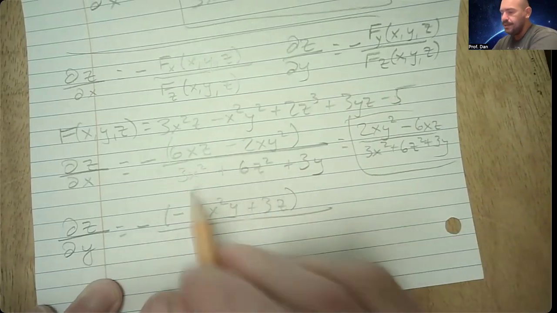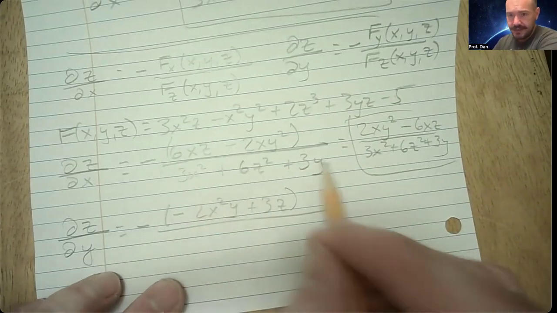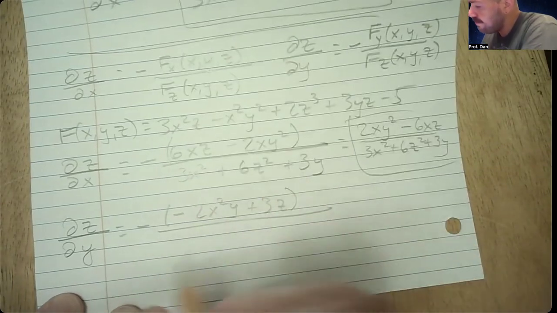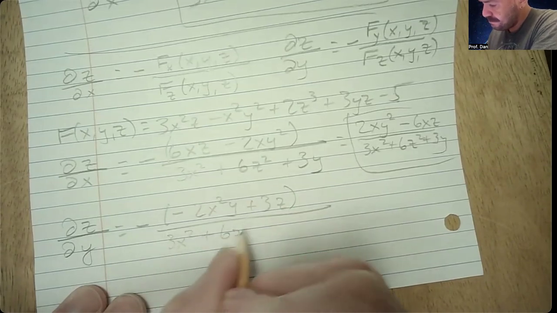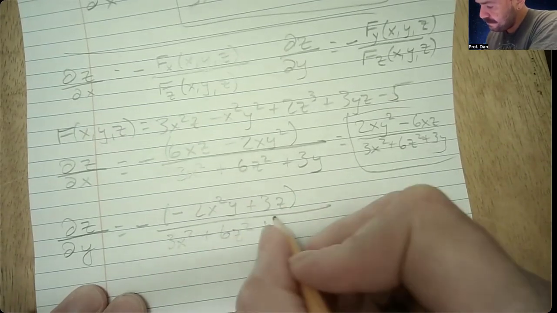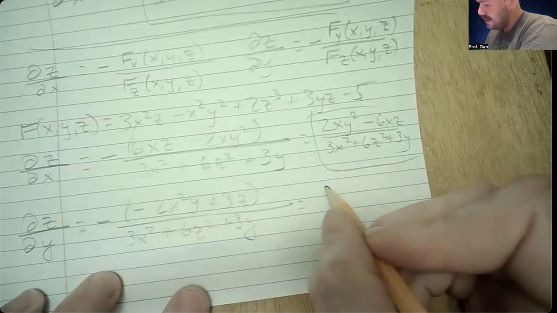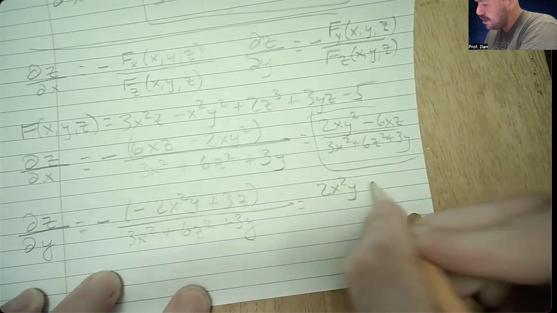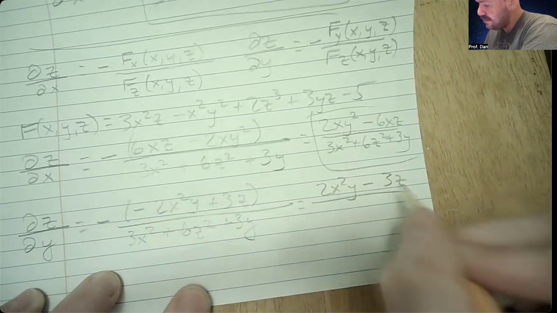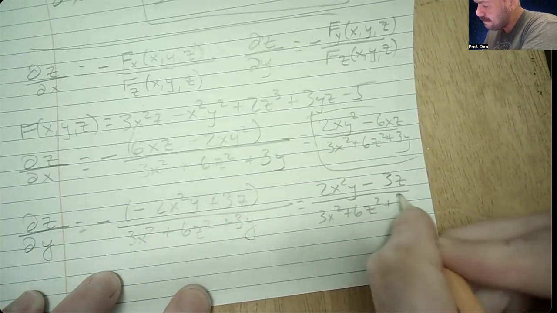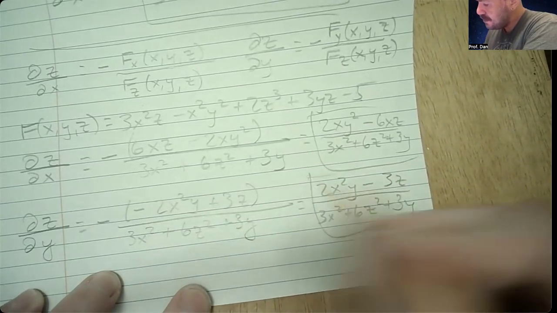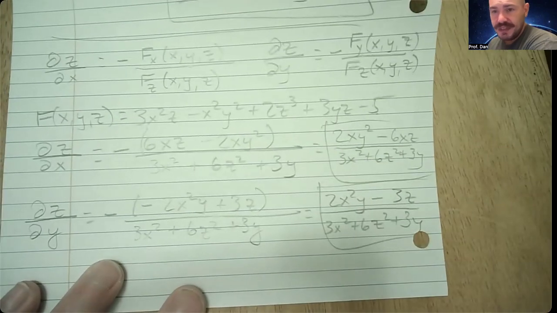And partial with respect to z is going to be the same as it was before. That didn't change. Right, and if I distribute that negative, I end up with 2x squared y minus 3z over this denominator. And that's our answer. And now we have both partial derivatives in a fraction of the time.